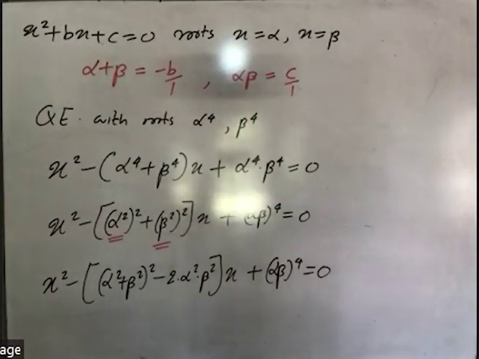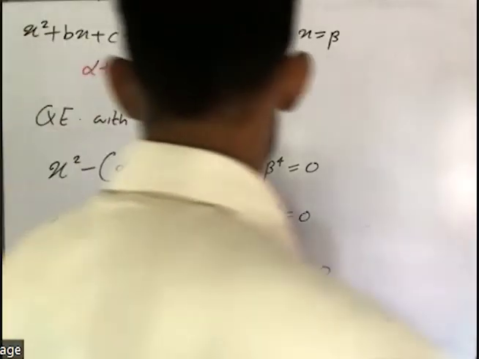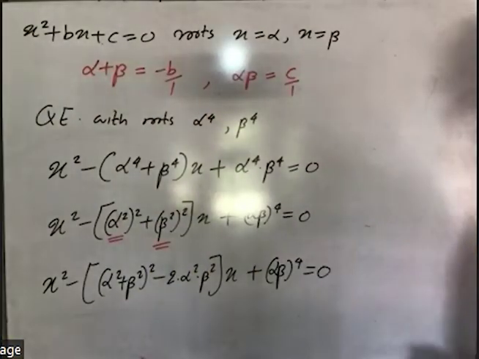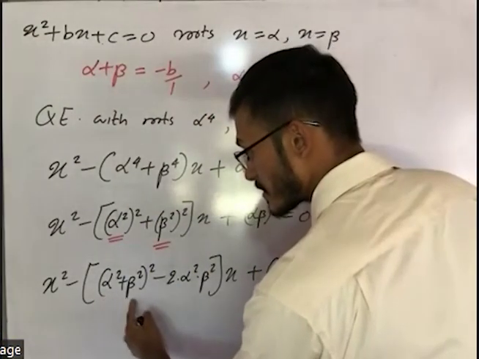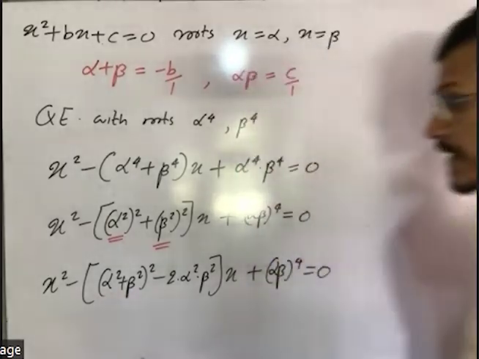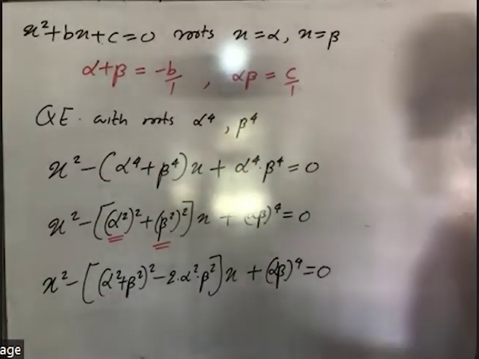Now, in the same way we can write down this alpha square plus beta square using the same method.